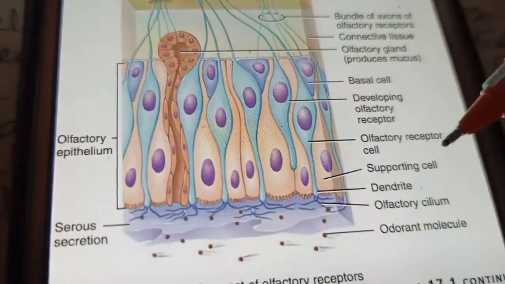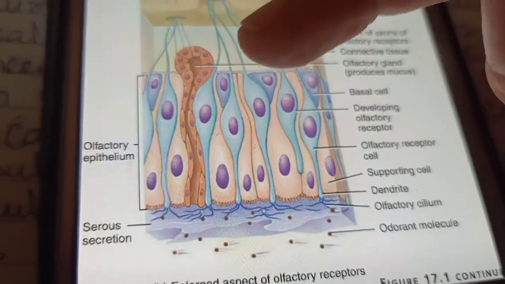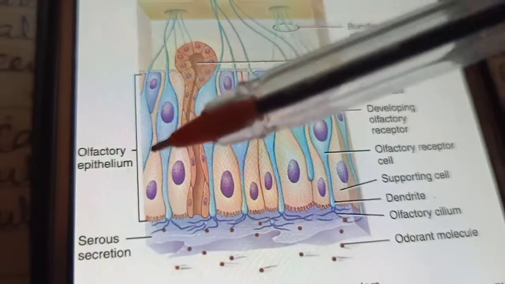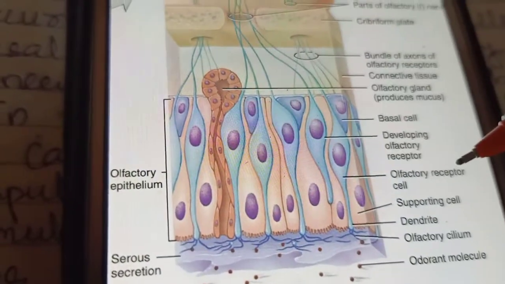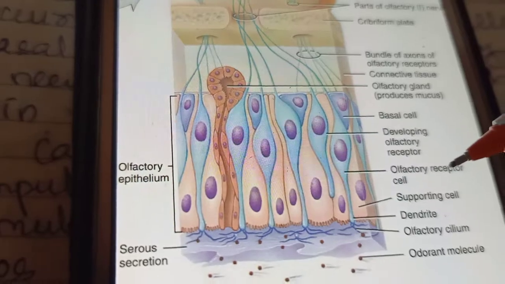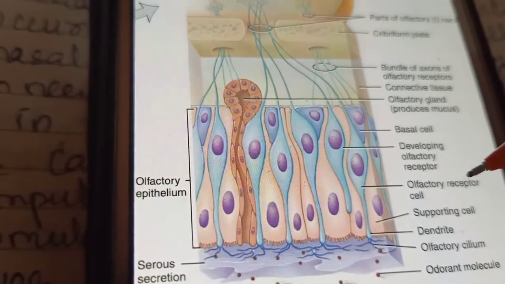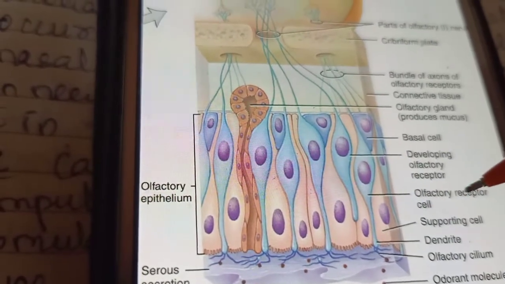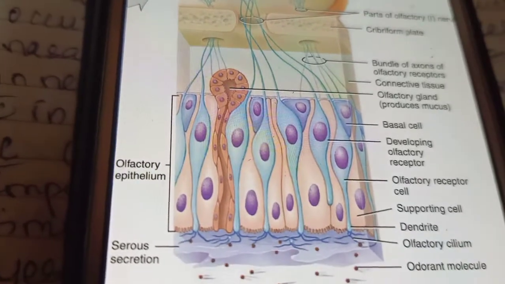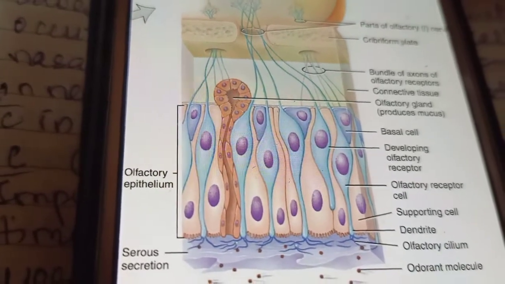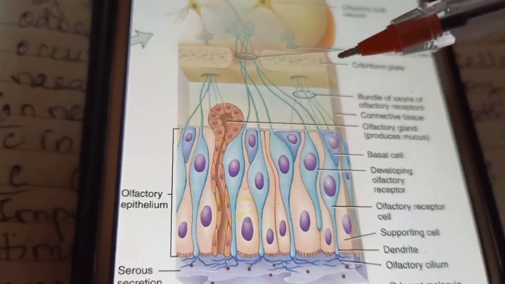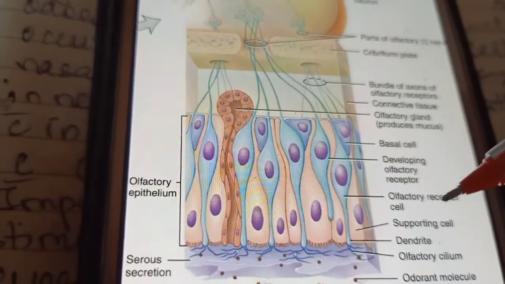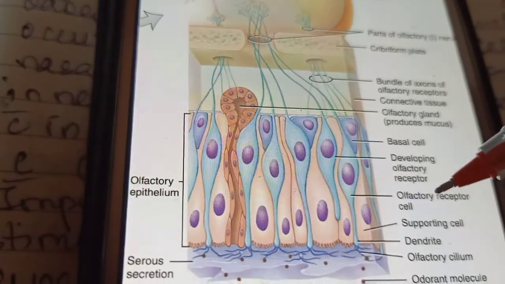These olfactory receptor cells are present in the olfactory epithelium, and you know where the olfactory epithelium is located. Each olfactory receptor cell is a bipolar neuron.